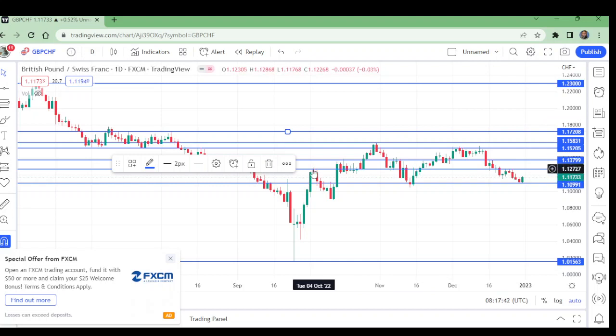This was the high of the market, and this was the higher high 1 of the market, and now the market is looking for higher high 2, and I am expecting it to go around this level at least. So now take profit options are open. 1, 2, 3, 4, 5.